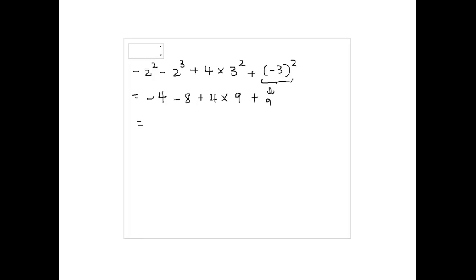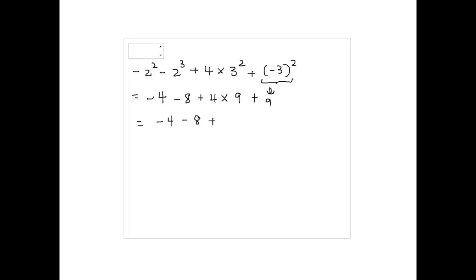Simplify. Negative 2 squared minus 2 cubed plus 4 times 3 squared plus (negative 3) squared. The opposite of 2 squared is negative 4, minus 2 cubed, which is 8, plus 4 times 3 squared, which is 9, plus the parenthesis negative 3 squared, which is positive 9.